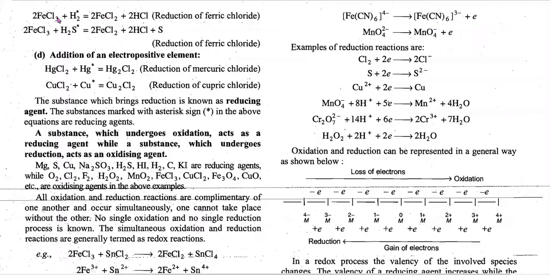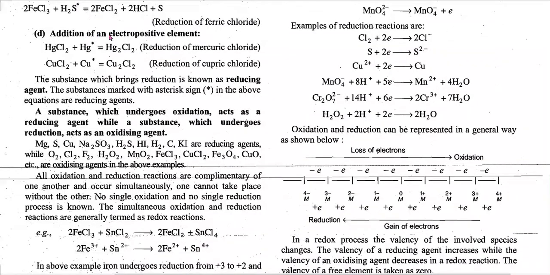You can see here clearly. In this example also you can see FeCl3 converted into FeCl2. So we say that reduction of ferric chloride takes place into ferrous chloride. The last definition of reduction is addition of an electropositive element.